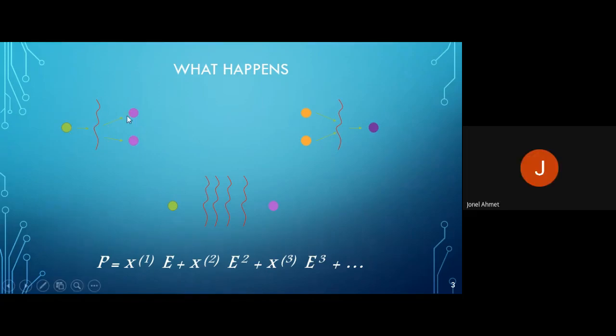Okay. I'm just making clear something about the first sketch. This one is another nonlinear process called DFG. This one is SHG, which we talked about, and this one is the fifth order polarization process.